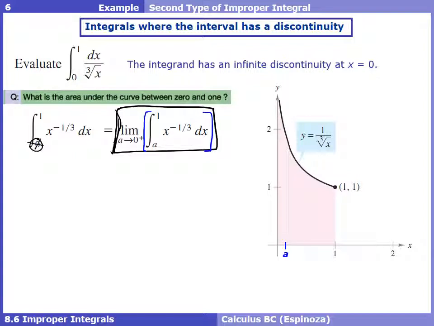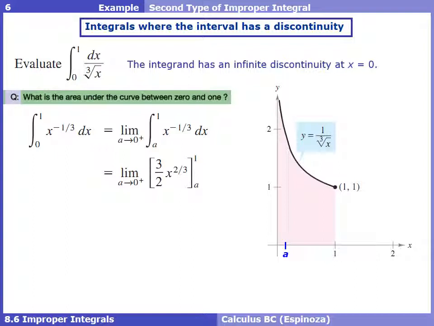Well, we got rid of the 0 as one of the bounds and we called that a. And we want to let a approach 0 from the right side. Once we go through that process, we'll see if we actually get an infinite number, infinity, or if we get a finite number, which is kind of surprising considering something can go on forever, and it turns out we get a finite number. So we'll see which one this falls into here in a second.